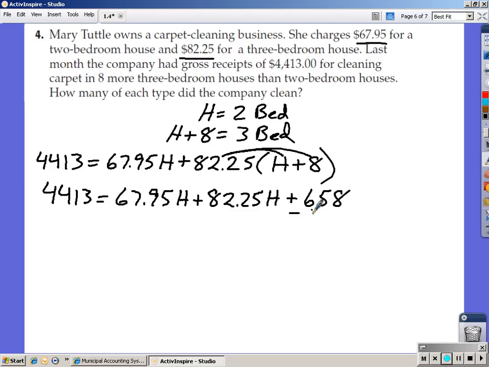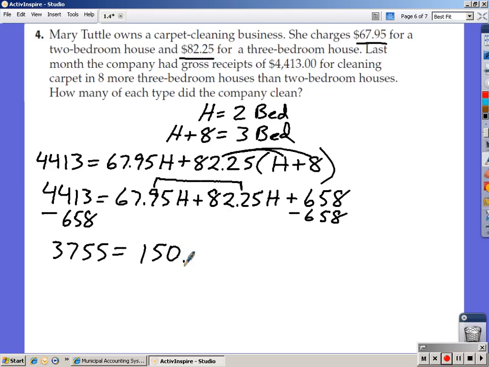Now, I'm going to subtract 658 from both sides. 4413 minus 658 is 3755 equals, okay, we are going to combine these two terms. So 67.95H plus 82.25H is 150.2H. Okay? That canceled before, so that's gone.